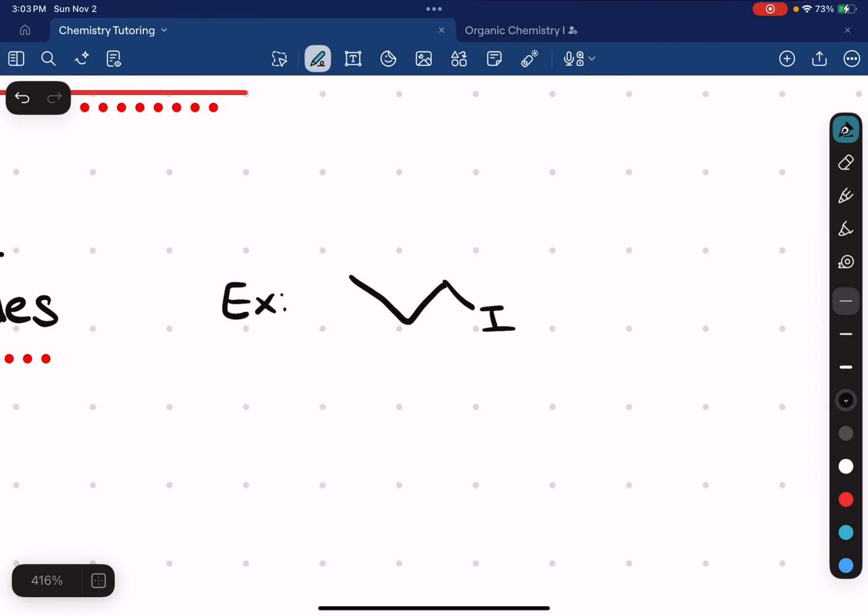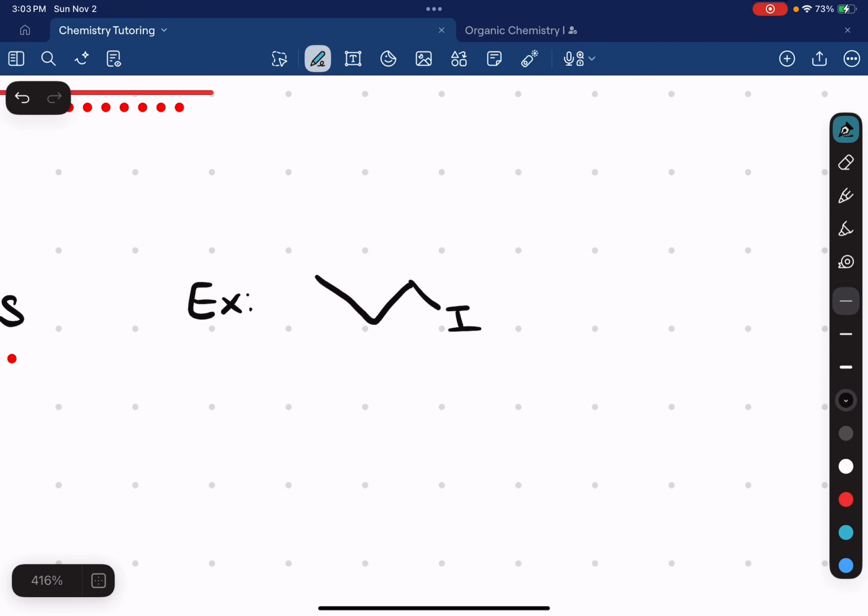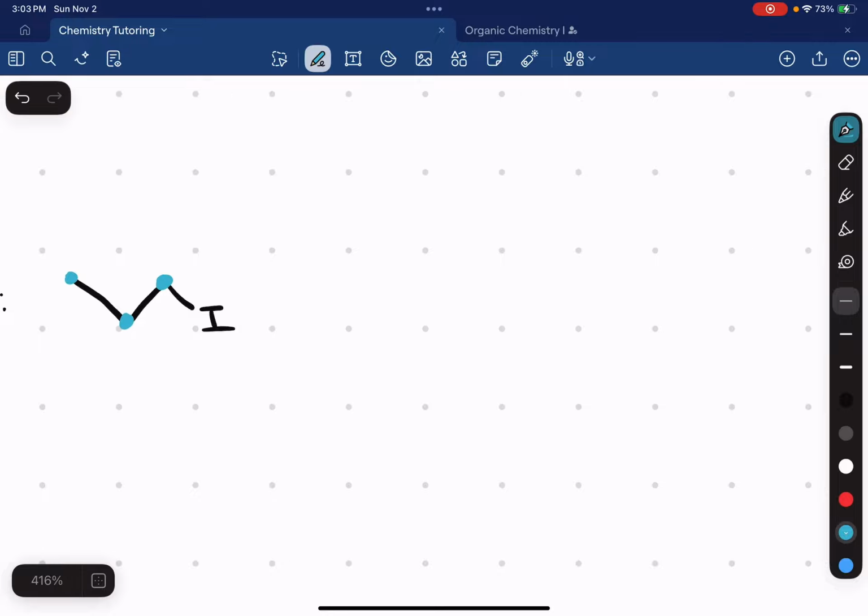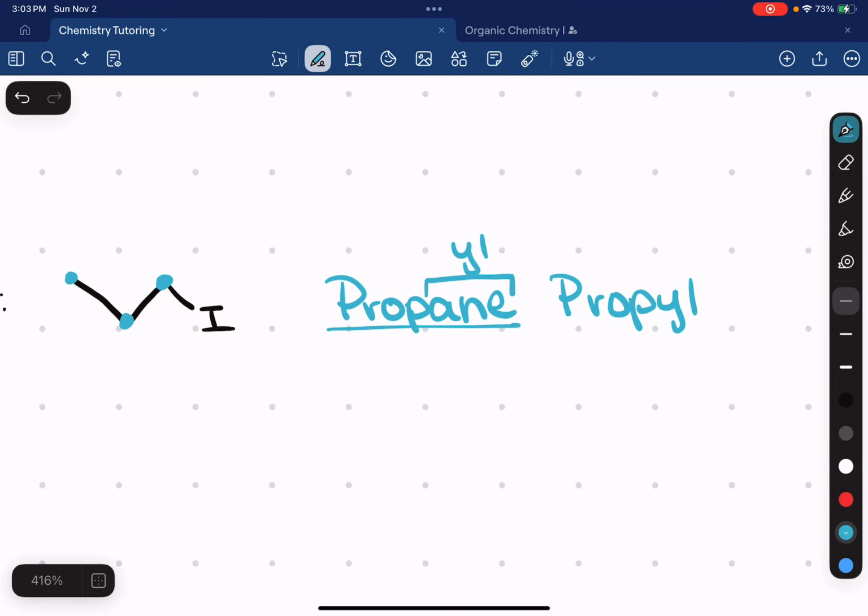One, two, three carbons. So it's a propane, but we're changing the alkyl group to "-yl." So this section needs to turn into an "-yl." So it's propyl.